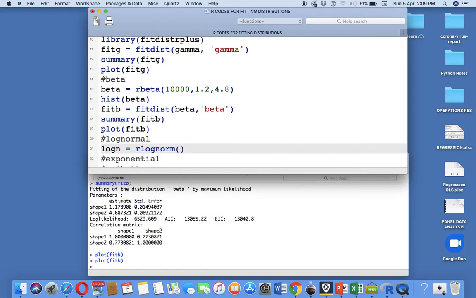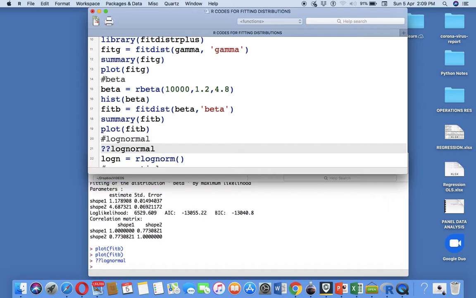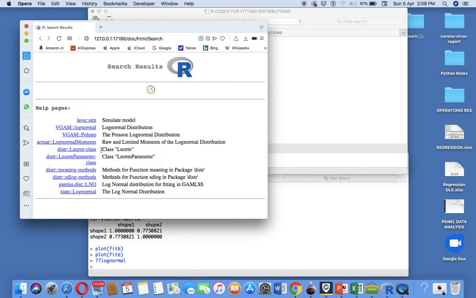Okay, since it's not showing up, I can find out how to get a log normal by taking recourse to the help method.